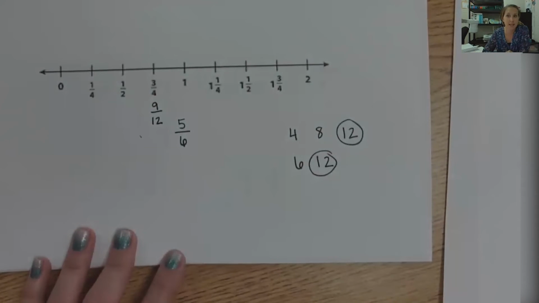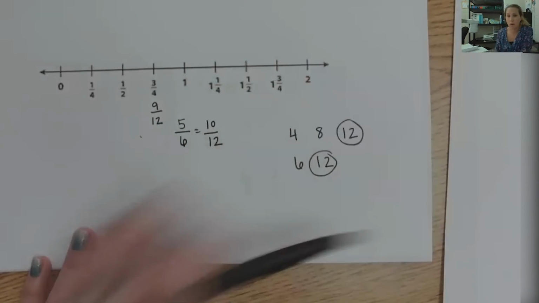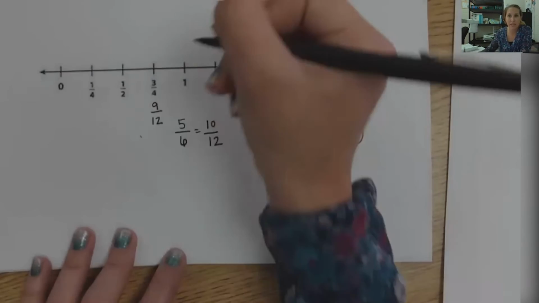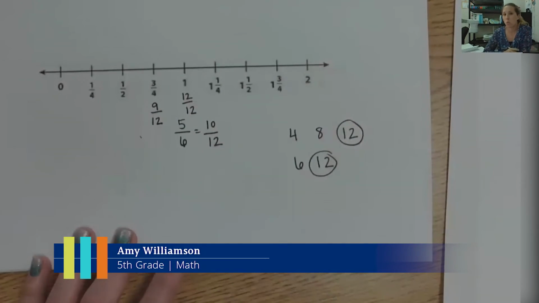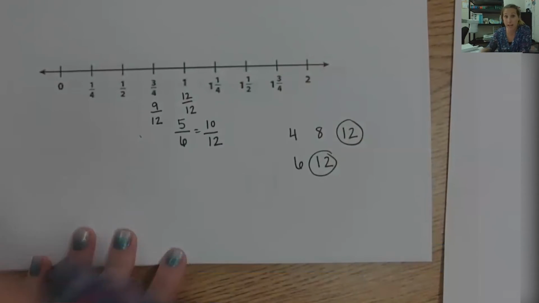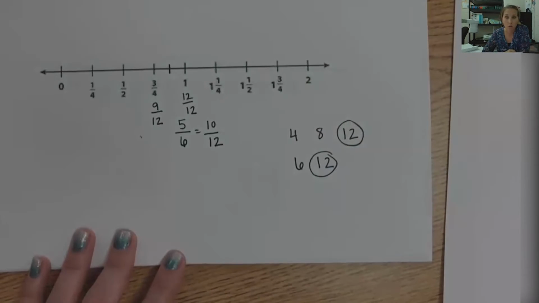What about sixths in the form of 12ths? 5/6 would be equivalent to 10 12ths. And what would a whole be in the form of 12ths? 12 12ths. So what benchmark fractions would 10 12ths fall between? You were right. It would fall between 3/4 and 1 whole.